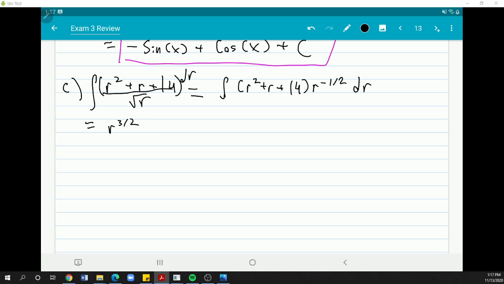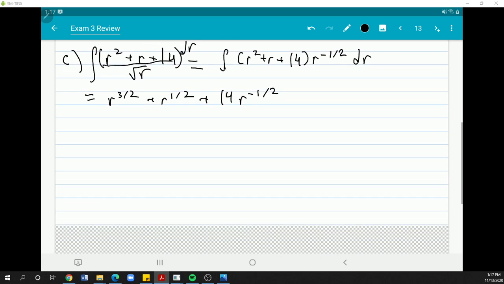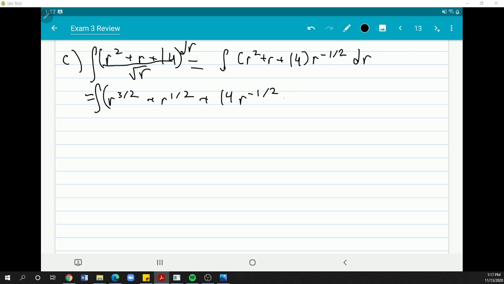Equals r to the 3/2 plus r to the 1/2 plus 14 r to the minus 1/2. And I'm taking an integral of that.